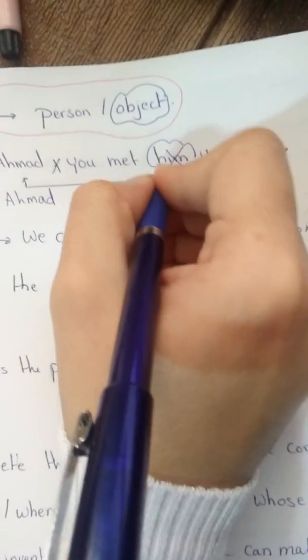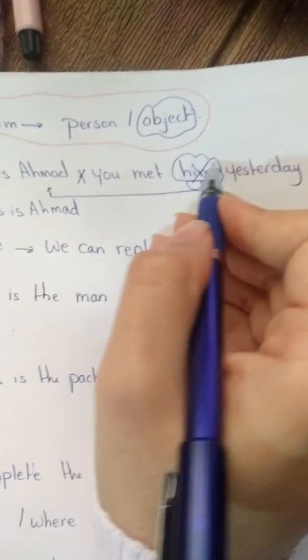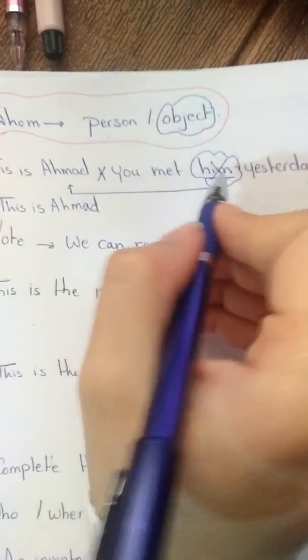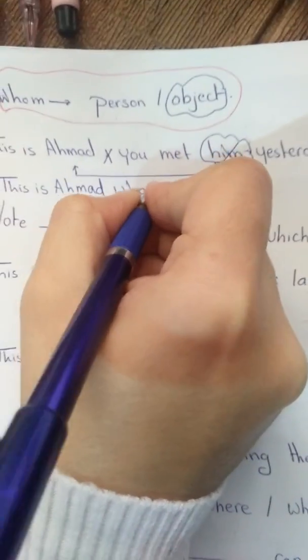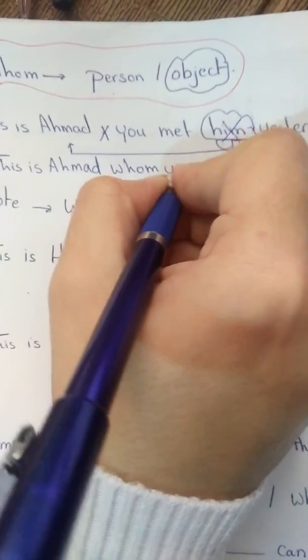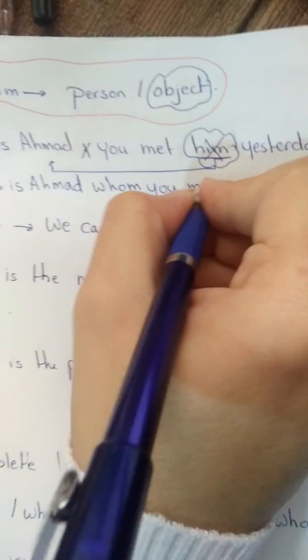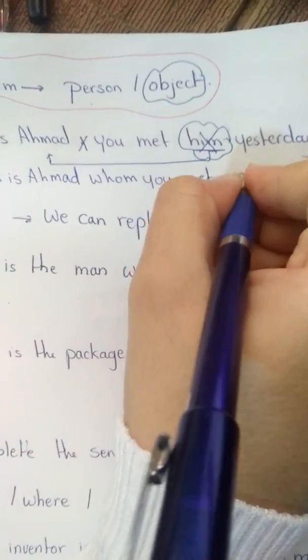Because we delete an object, which is a person, we replace it with whom. This is Ahmed, whom you met yesterday.